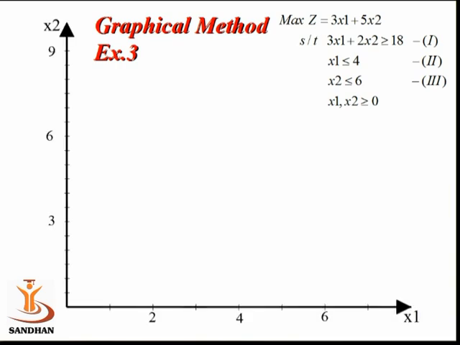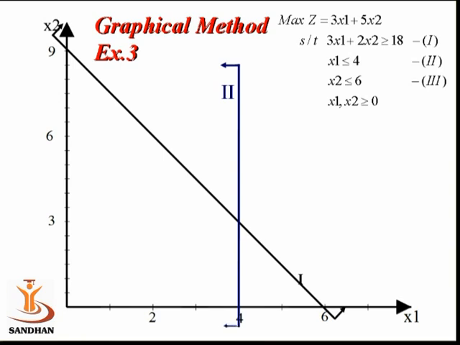So friends, first of all we will draw the graph of all constraint equations and try to find out the feasible region. Here the given equation is 3x1 plus 2x2 greater or equal to 18. Taking equality, we will draw the graph, and the region above is defined by the greater or equal to sign in equation 1. Similarly, we take x1 equal to 4.